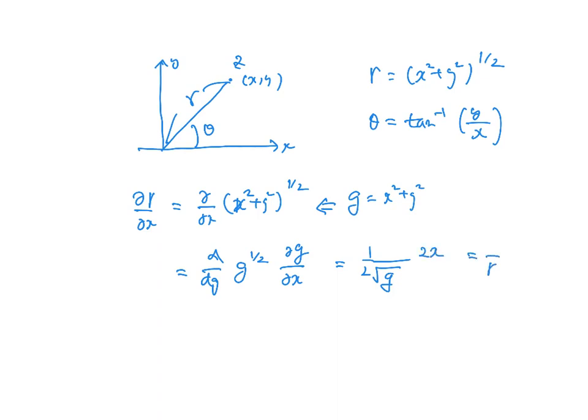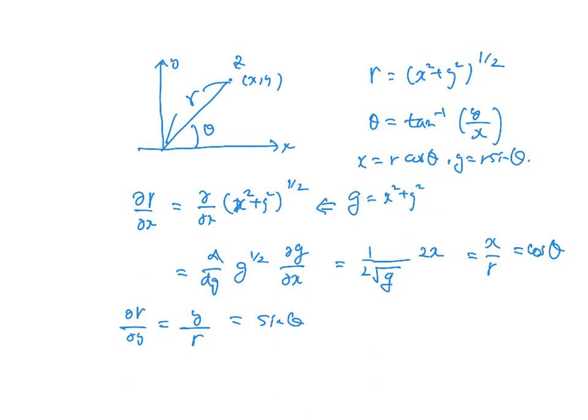So this is x over r, which is cosine theta, because x is r cosine theta, y is r sine theta. So likewise, partial r over partial y is the same: y over r, sine theta.